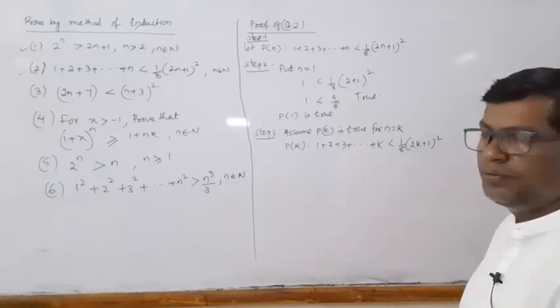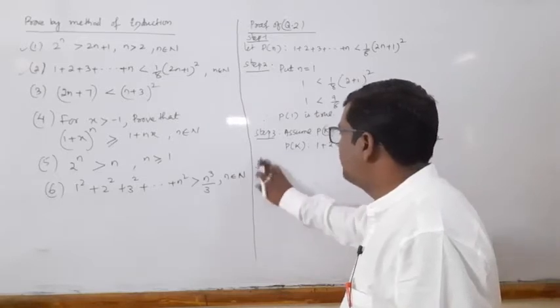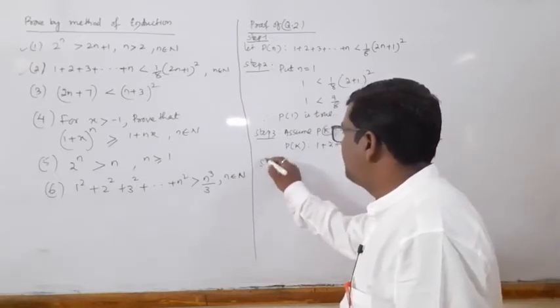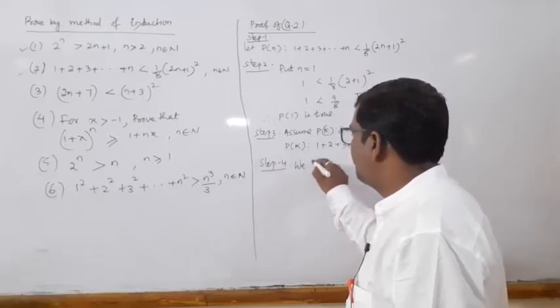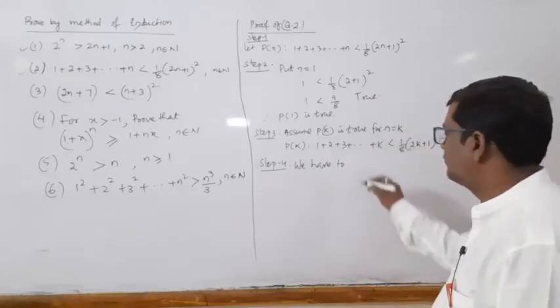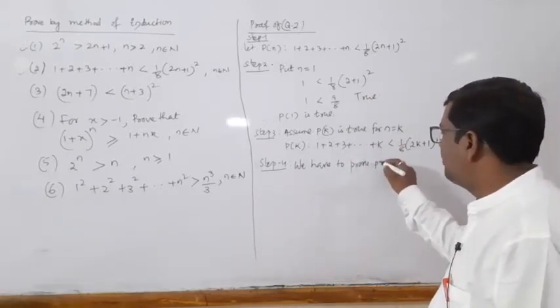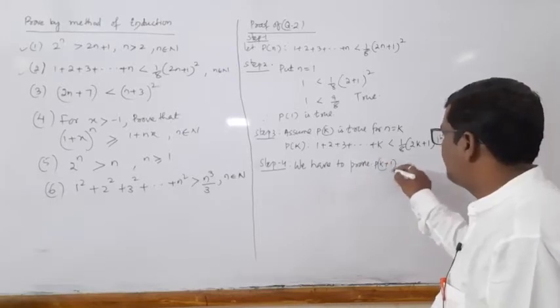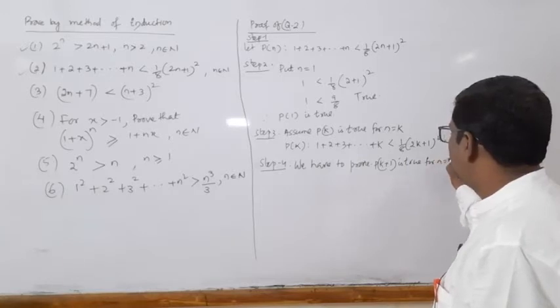We have to prove, step number 4, this is step 4, we have to prove P of k plus 1 is true for n is equal to k plus 1.